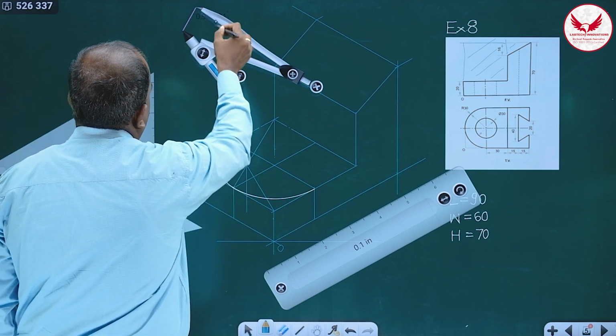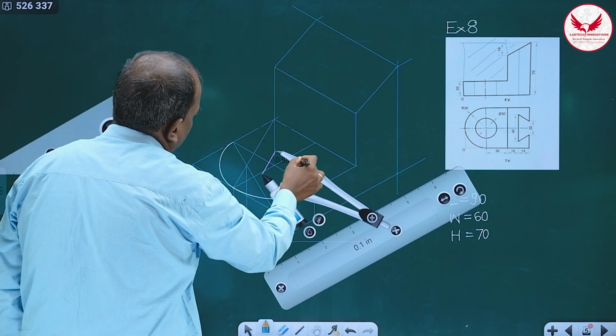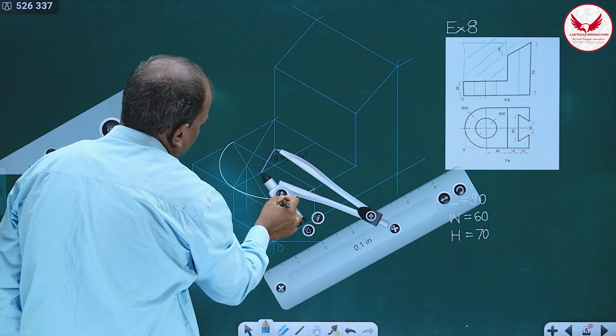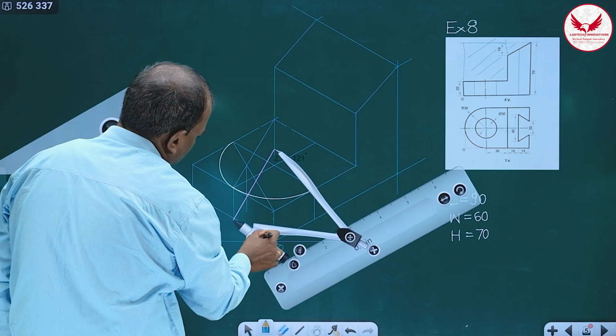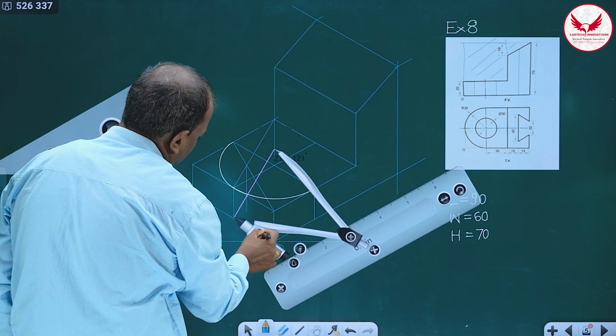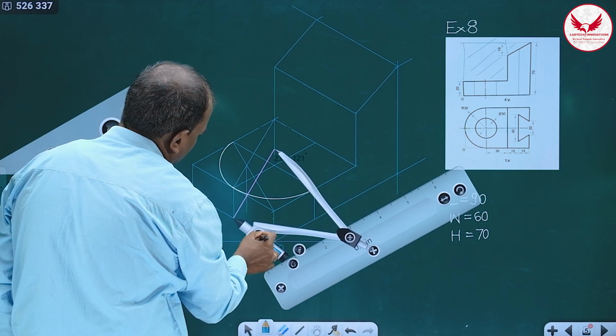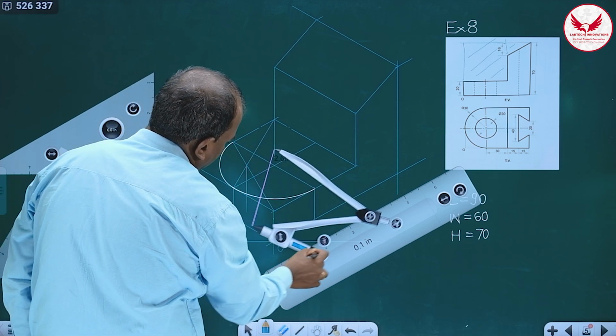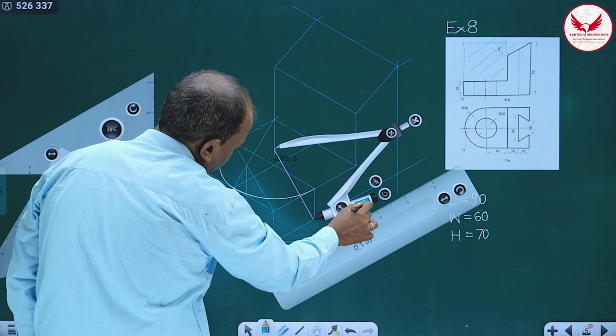Then with the help of this compass, first mark this portion. From this midpoint, this curve changes, and this radius and this radius are going to be 100% the same, and if we mark it, it will match with this.